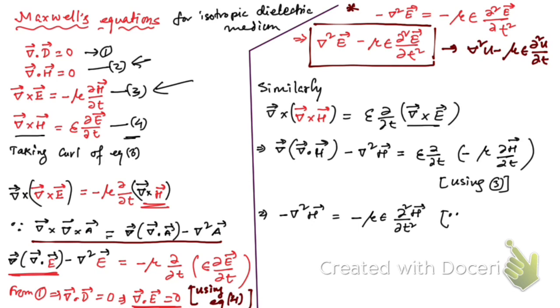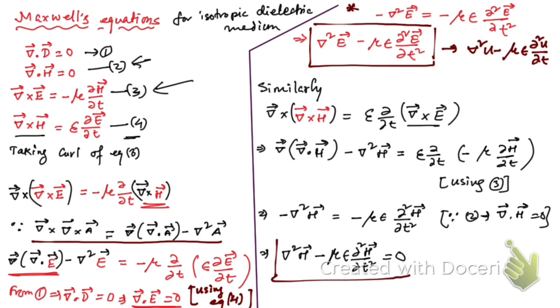So here we're gonna write, since equation 2 gives that divergence of H is equal to 0. That's what we have got. So again, this implies that this is again the wave equation, right?